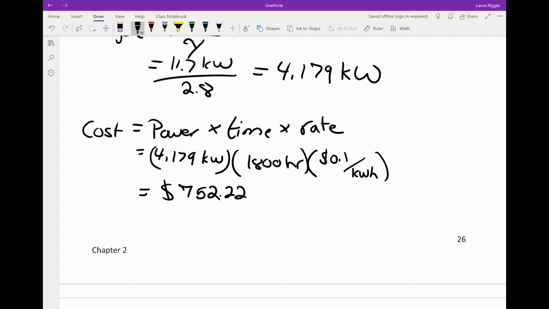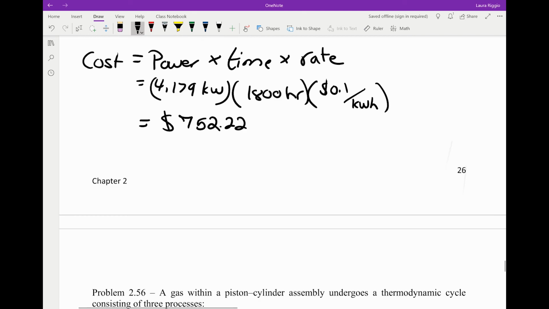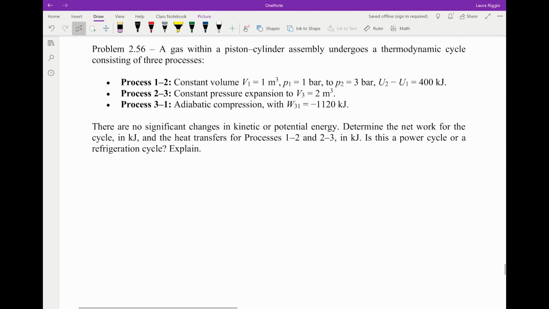As the last example, I'm going to look at a gas within a piston cylinder assembly. It undergoes a cycle of 3 processes from state 1. We want to determine the net work for the cycle and the heat transfer for processes 1 and 2.